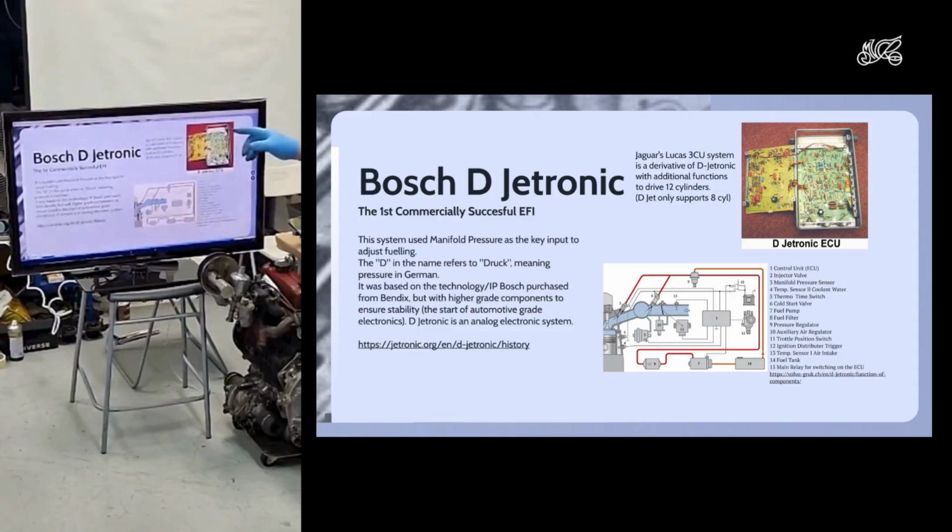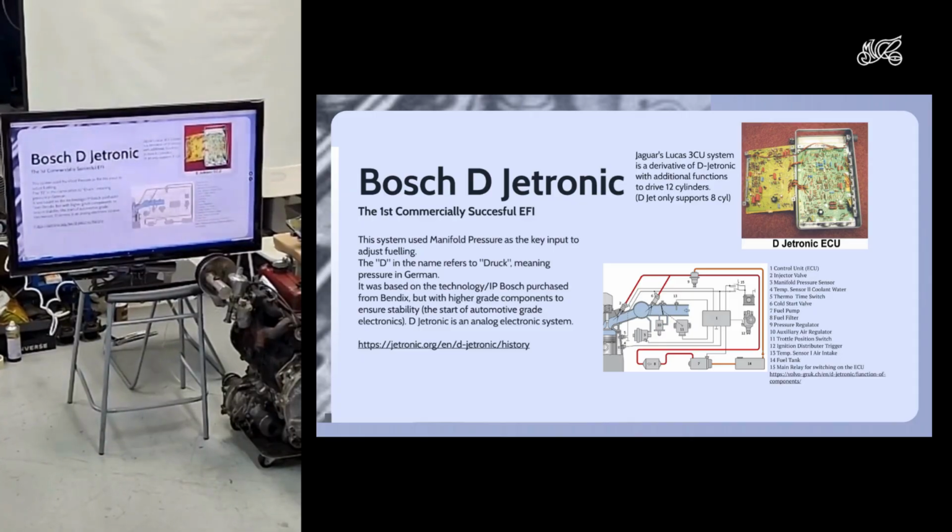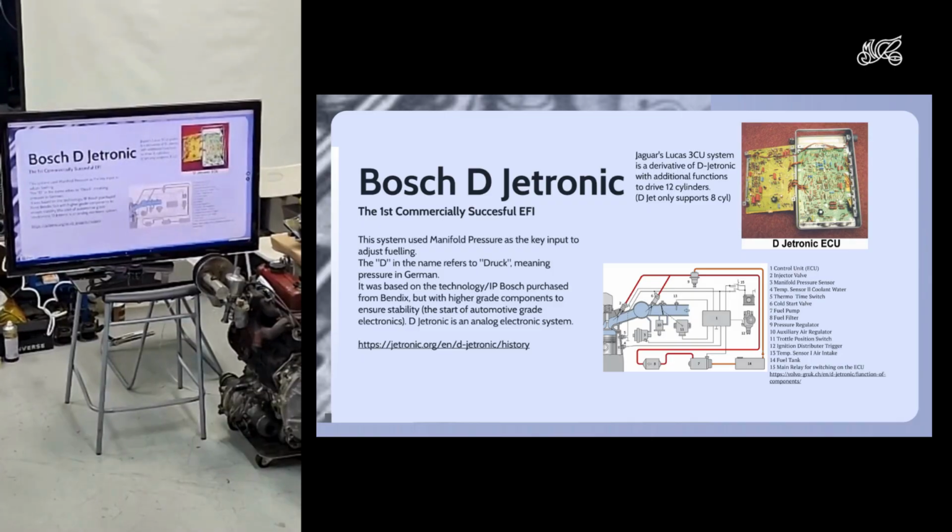D, Druck, pressure. So this system measures manifold pressure to adjust the fueling. So it knows the engine speed, it knows the manifold pressure, it's got that map we talked about, it can adjust the fueling. But you can see all these components inside, so it's relatively complex, it's still what they call an analog electronic system.